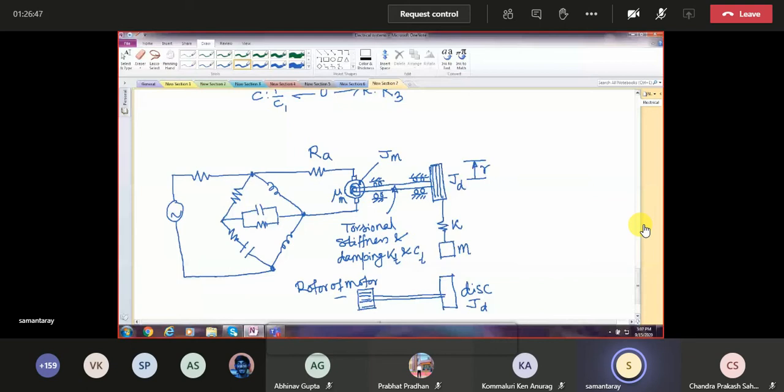The rotary inertia of the shaft is neglected. You have Kt stiffness. If you want to model this, we will assume that this disc is at some angular velocity theta d dot, and this one at some angular velocity theta m dot. So motor side is theta m dot, disc side is theta d dot.